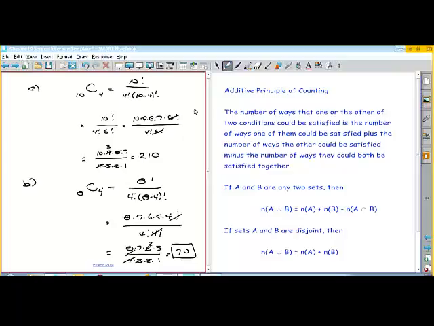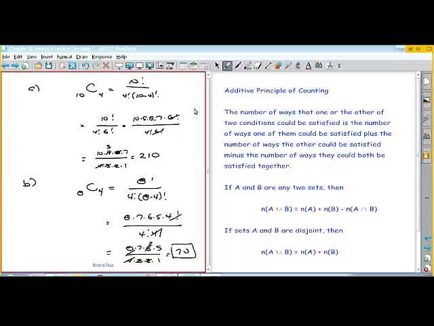certain instances. It says if sets A and B are disjoint, that means there are no common elements between the 2, you can just add them together. There's no relationship. If I said, what's the number of women in this class and the number of chickens in somebody's chicken coop, they have no relationship, so there's no crossover.